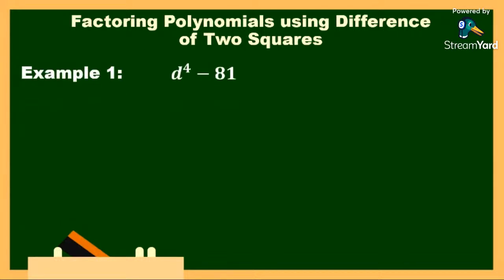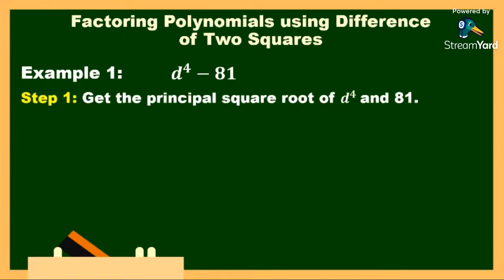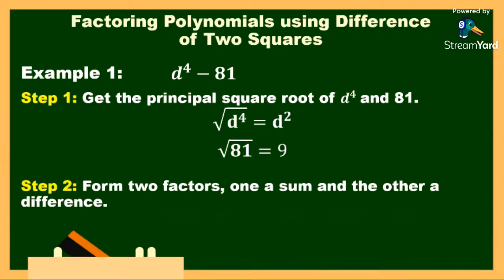So, in order to factor the polynomial using the difference of two squares, first, we need to get the principal square root of d raised to 4 and 81. So, the square root of d raised to 4 is equal to d squared, and the square root of 81 is equal to 9. Next step is, we need to form two factors, one a sum and the other a difference.